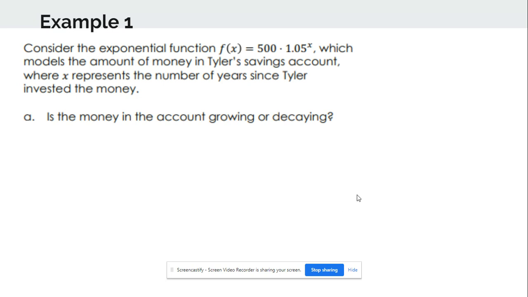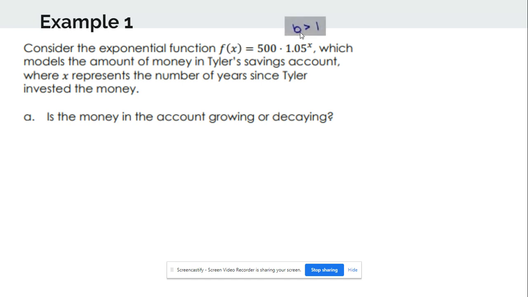Consider the exponential function f of x equals 500 times 1.05 to the x power. This models the amount of money in Tyler's savings account, where x represents the number of years since Tyler invested the money. So how can we determine if the money in the account is an exponential growth or an exponential decay function?